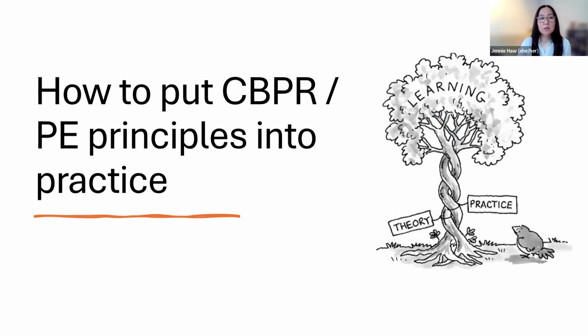So how do we put CBPR, our patient-engaged research principles, into practice? There isn't a simple formula, there isn't a single framework, and this is something that really needs to be adapted to the specific project and the research study, the research question being tackled, and the communities involved.